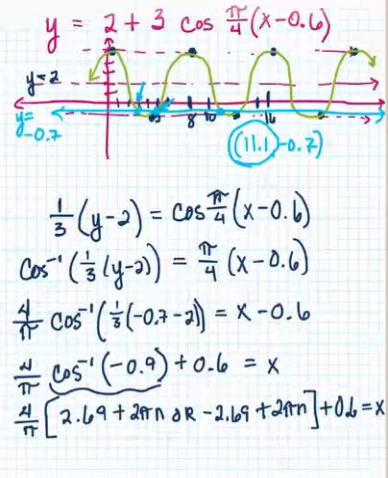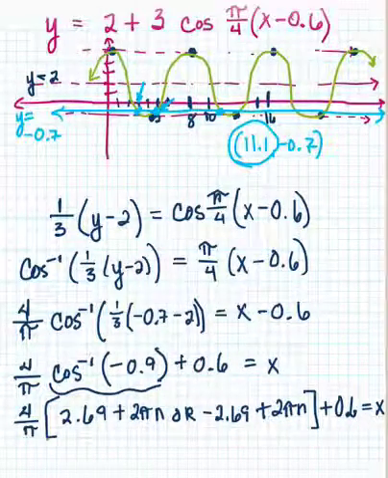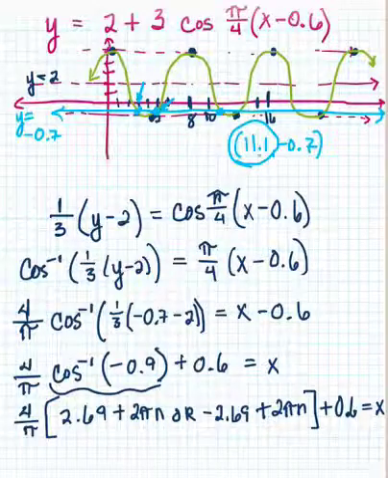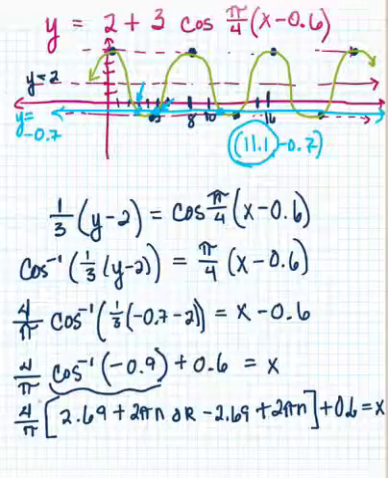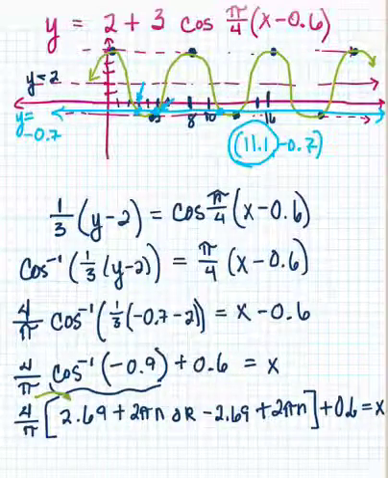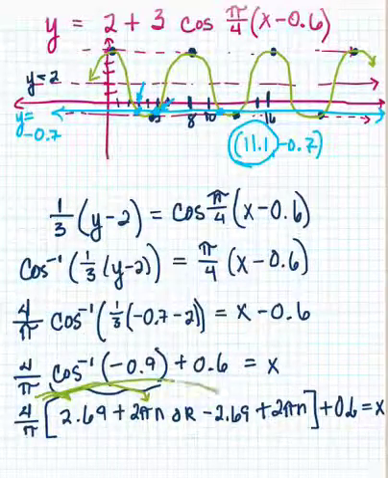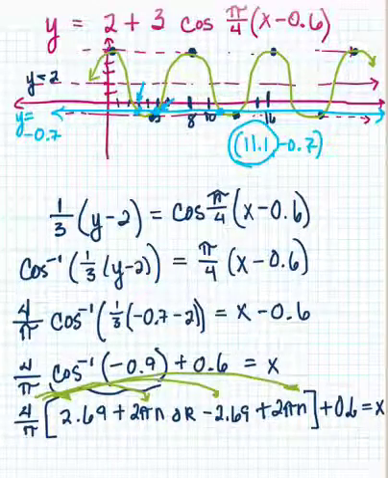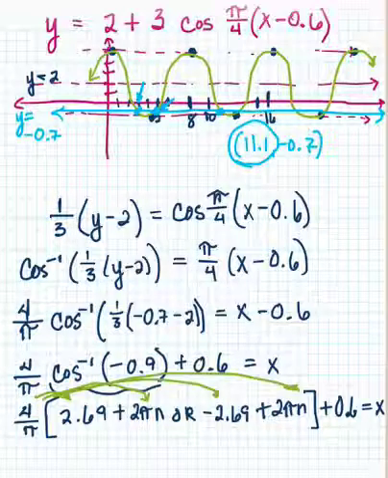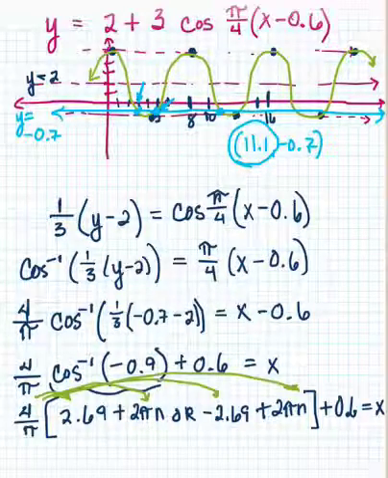So that's kind of where I'm at right now. All right, now let's see. You see what I'm going to do? I'm going to distribute this 4 over pi to everything. To this, to this, to that, and to that. So I'm going to take 2.69 times 4, and divide that by pi.